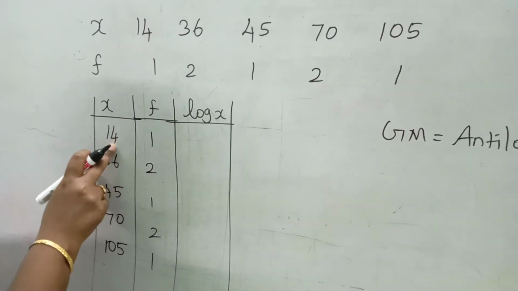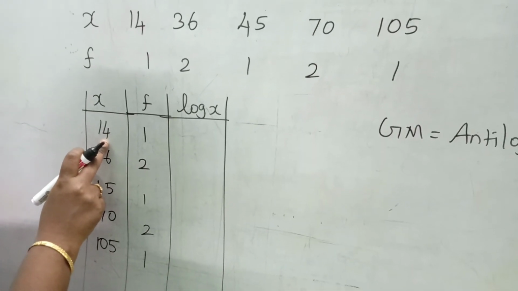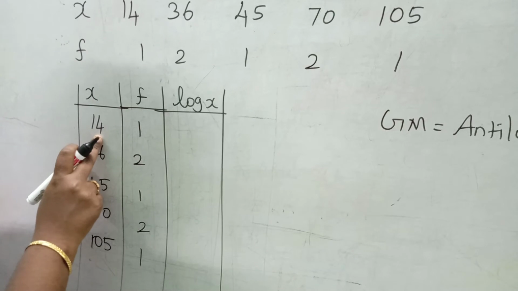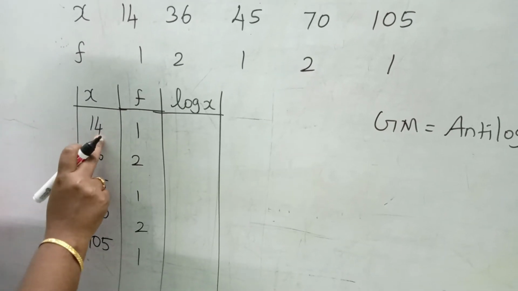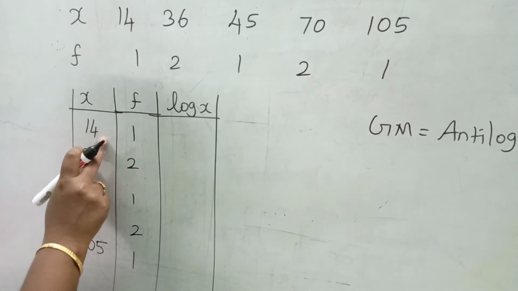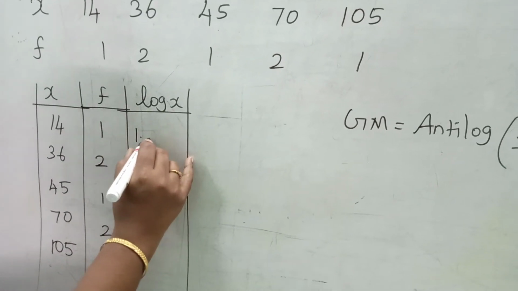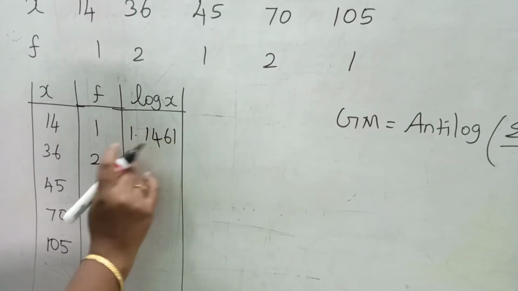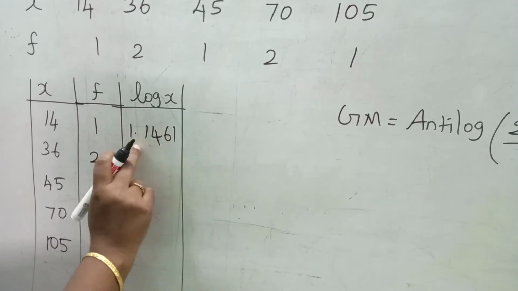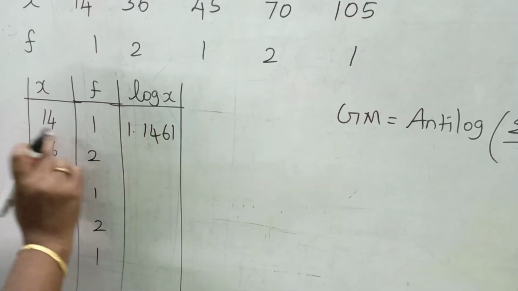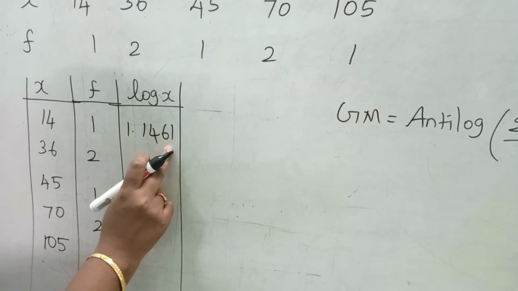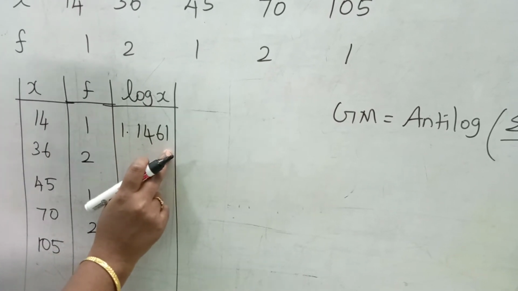X value is 14, log 14. In the scientific calculator, first we press log, next 14, put the equal to symbol, and you will get the value. The value for log 14 is 1.1461. There are many decimals in the calculator, but you take the value to 4 decimals. Log 14 is 1.1461.